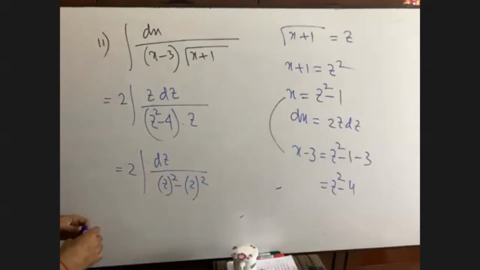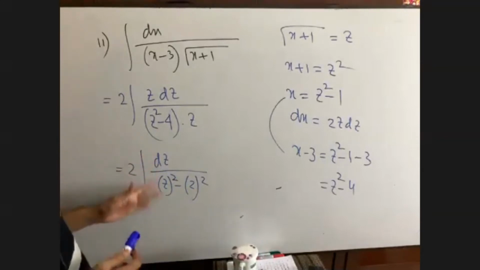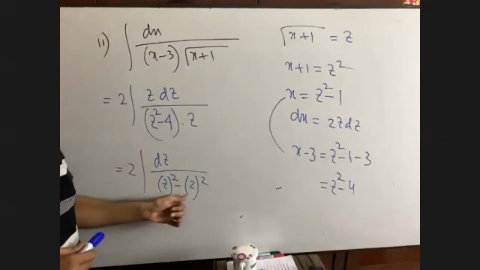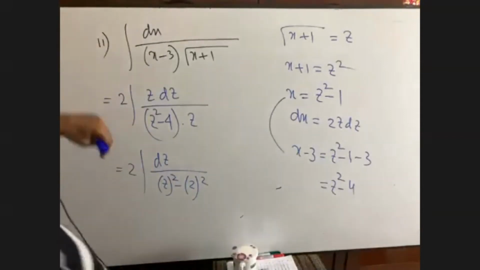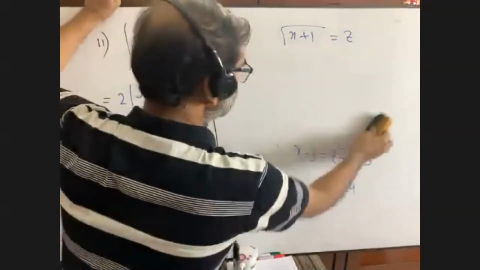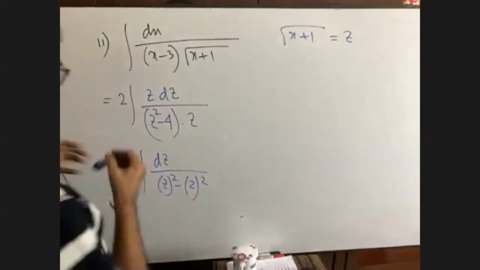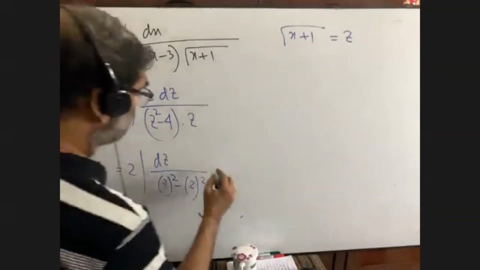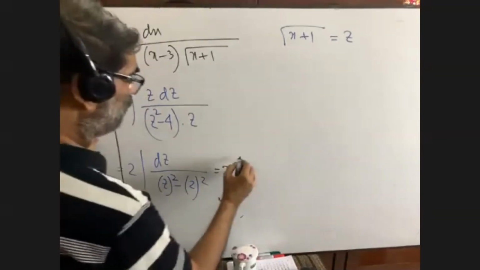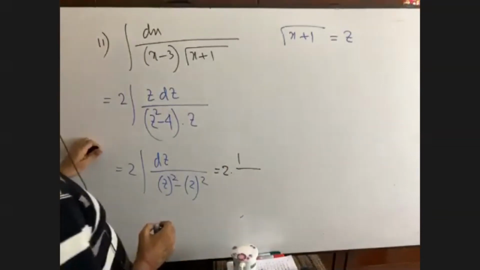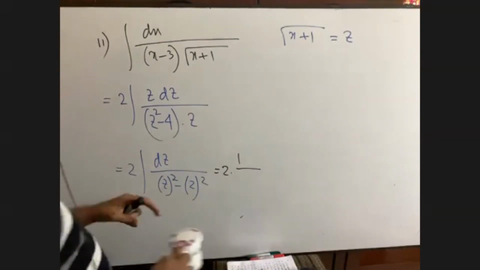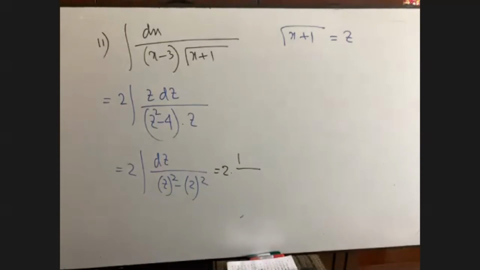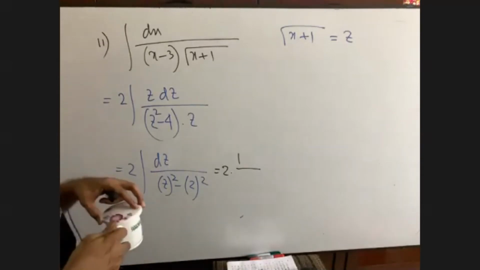After this, can you do 1 by 2a ln z minus 2 by z plus 2? Okay, have you copied it? After this, we can write down this is 2, then 1 by 2a. What is the formula? Let me know. 1 by a square minus x square.